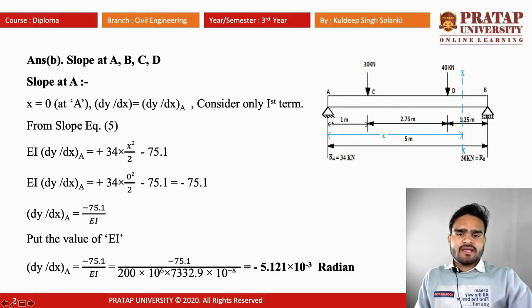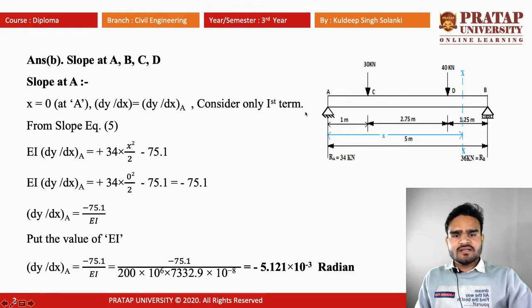For A, this is the region from A to C, and in this region we consider only the first term of moment, due to the reaction, because x equal to 0 lies in the A to C region.